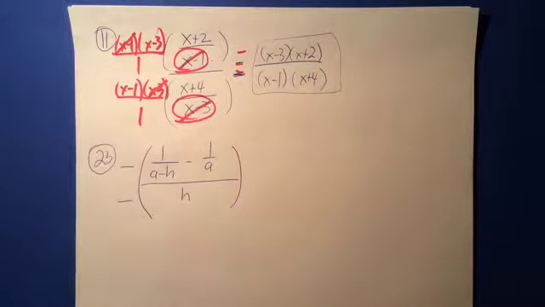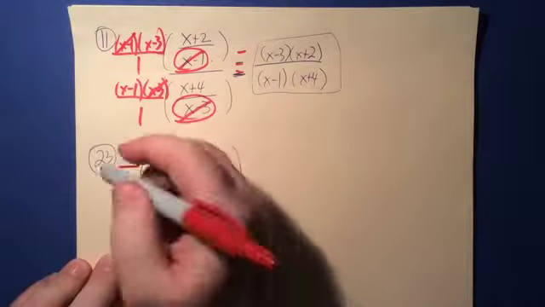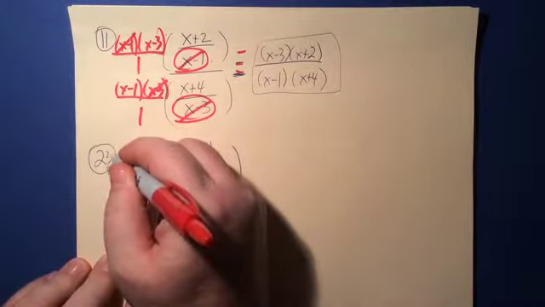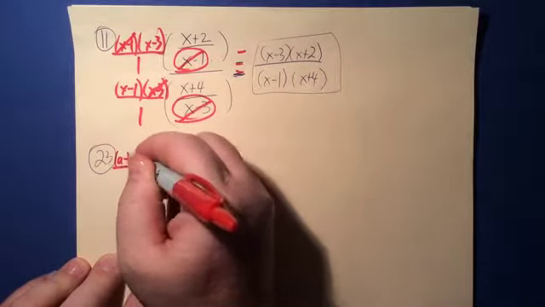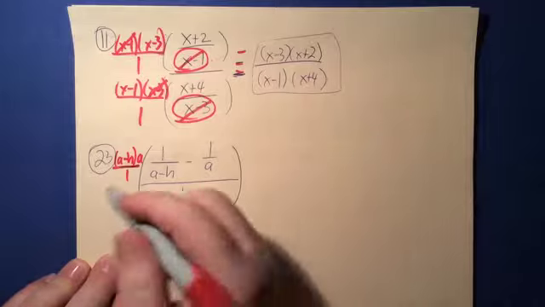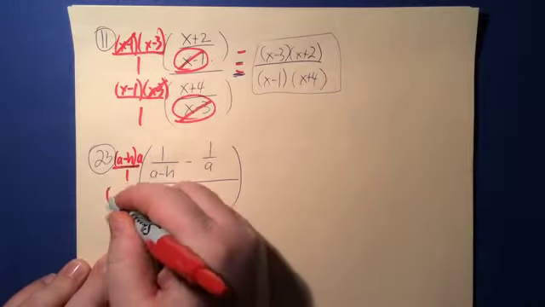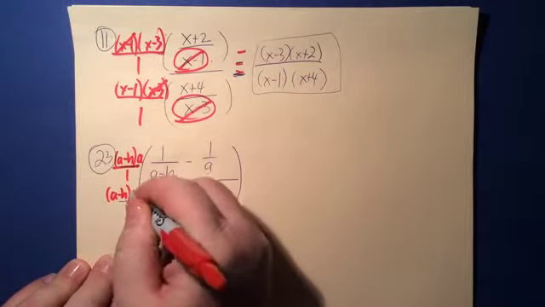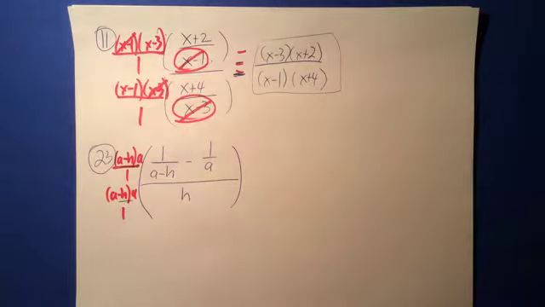I'm going to need to multiply the top by the quantity of a minus h times a over 1. And even the bottom, I have to multiply it by the same thing, a minus h times a over 1. And if it helps, we're going to go ahead and put a 1 there if you need that.